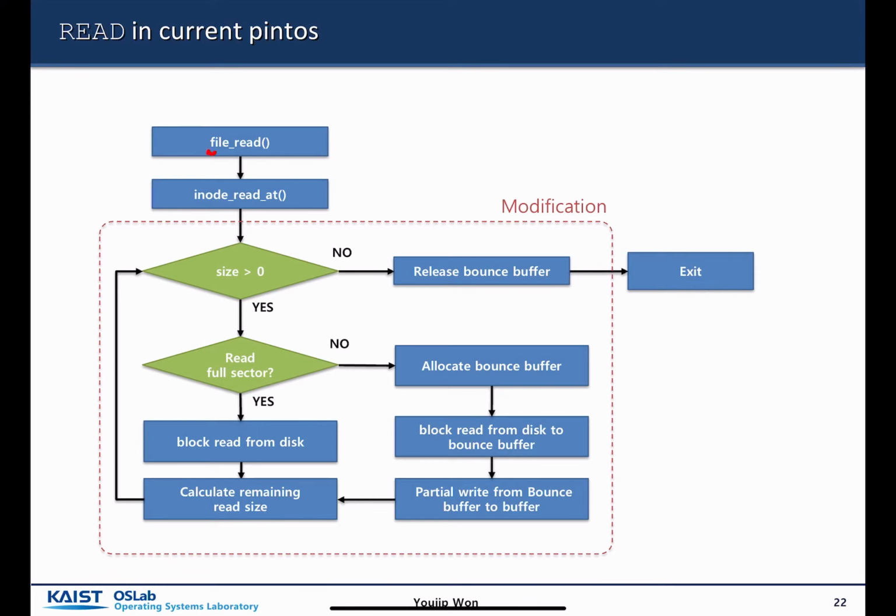This is the function file_read, and it calls a function called inode_read_at. The read system call takes two parameters. The first one is the file descriptor, and the second is the amount of data to read.